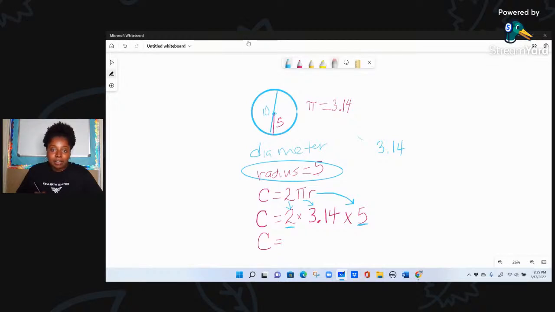Good, 10. If you combine your whole numbers first, it'll make your life a lot easier. So if we do 2 times 5 first, then that's 10. And then it's just 10 times 3.14.